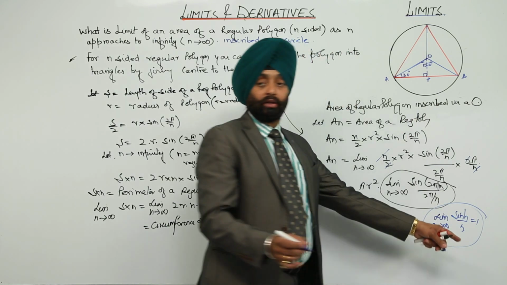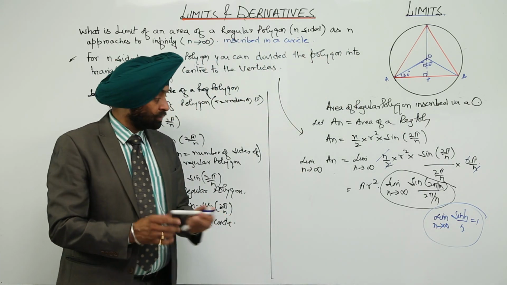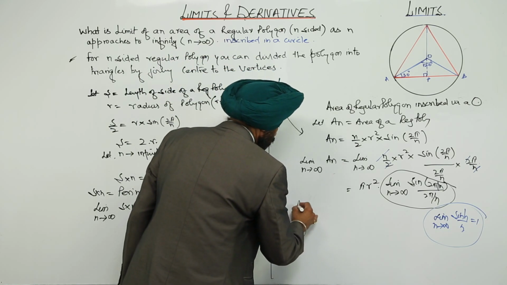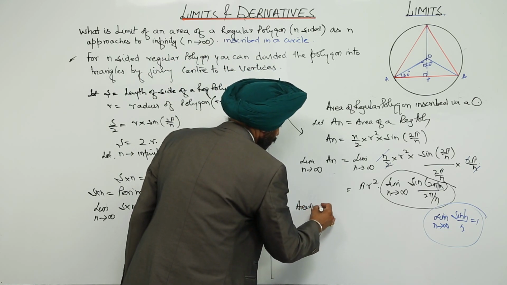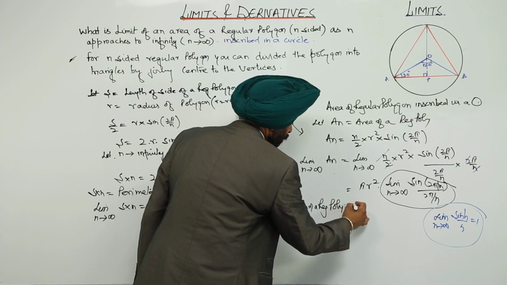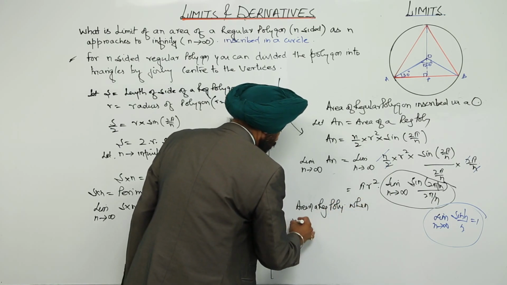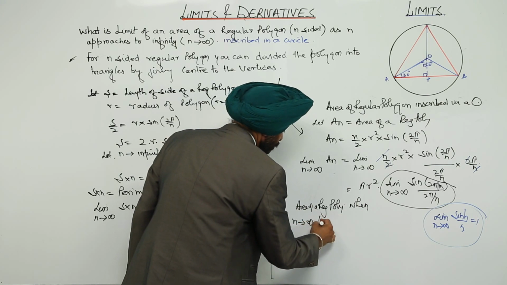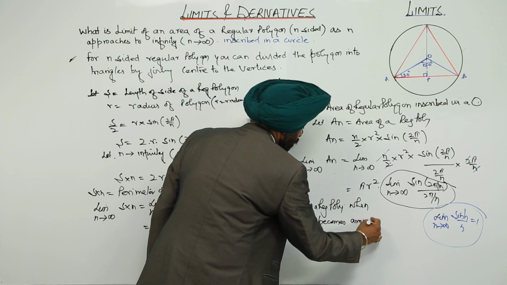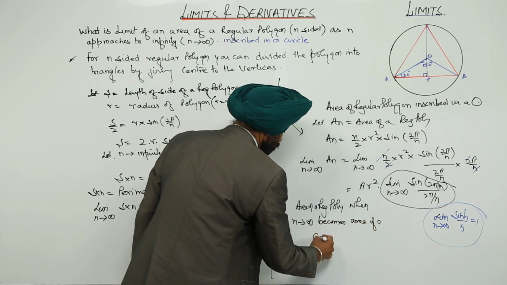This we are going to do later on. Okay, we are going to do this topic. So what becomes now? The area of a regular polygon when n approaches infinity becomes the area of a circle.